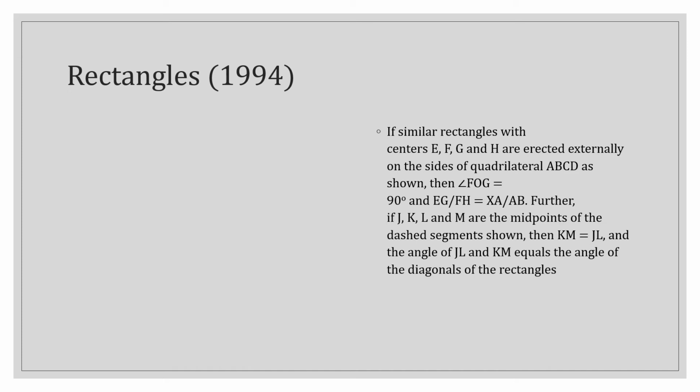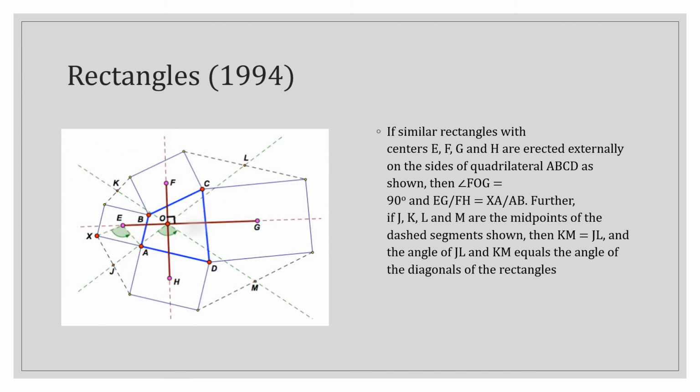Further, if J, K, L, and M are the midpoints of the dashed segments shown, then the distance of KM would equal the distance of JL, and the angle of JL and KM would equal the angle of the diagonals of the rectangle. Here is a picture to help you understand what we stated in this generalization of Van Aubel's theorem.